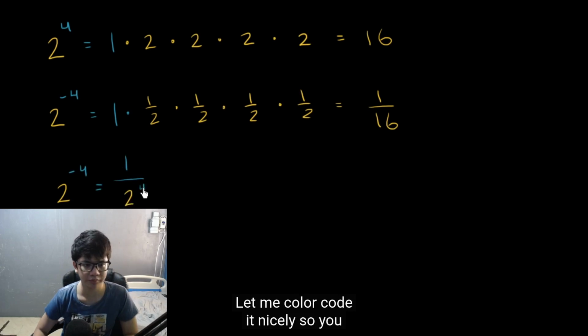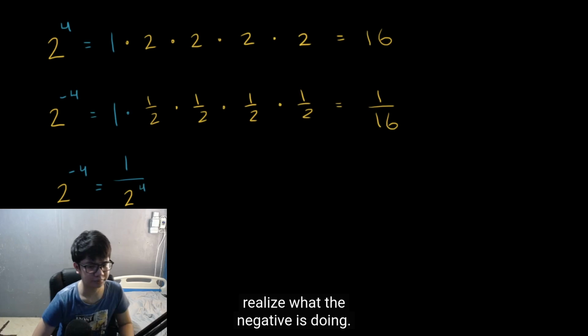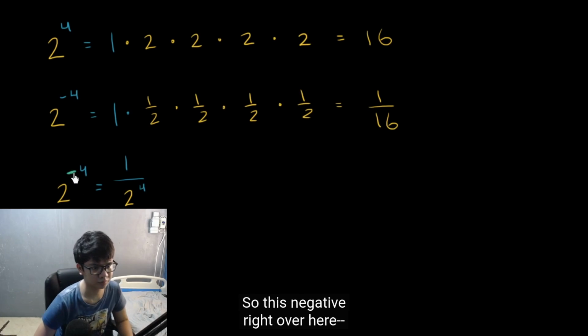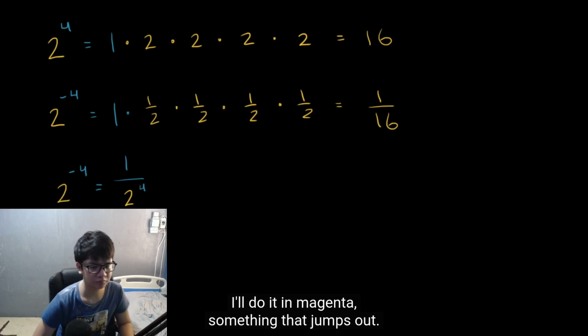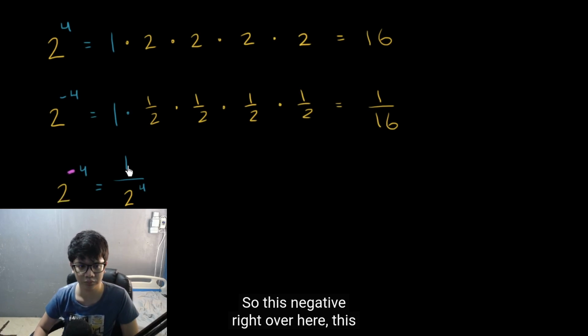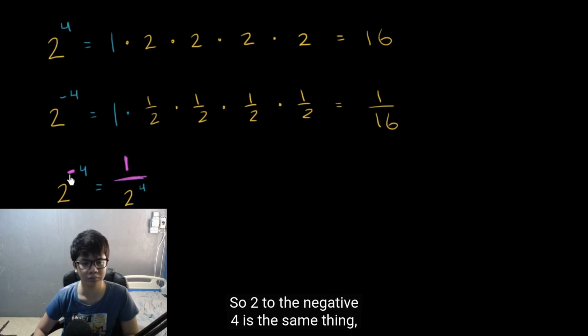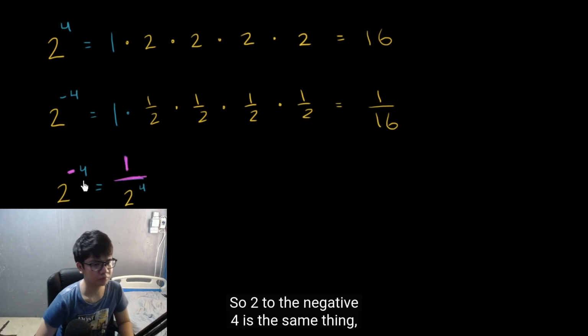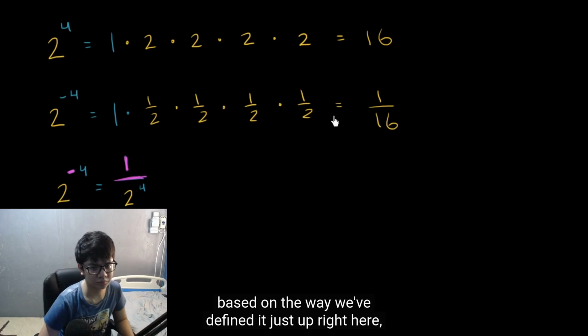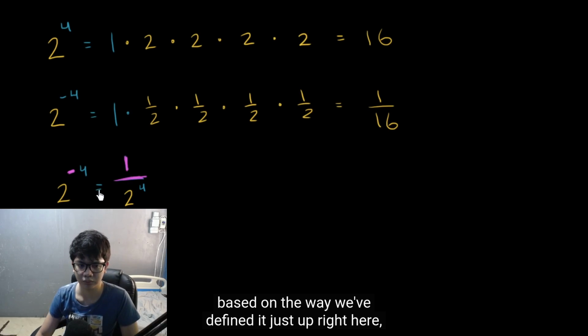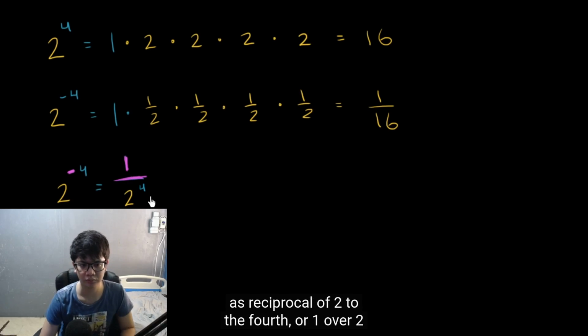Let me color code it nicely so you realize what the negative is doing. So this negative right over here, this is what's causing us to go 1 over. So 2 to the negative 4 is the same thing, based on the way we've defined it, as 1 over, the reciprocal of 2 to the 4th, or 1 over 2 to the 4th.